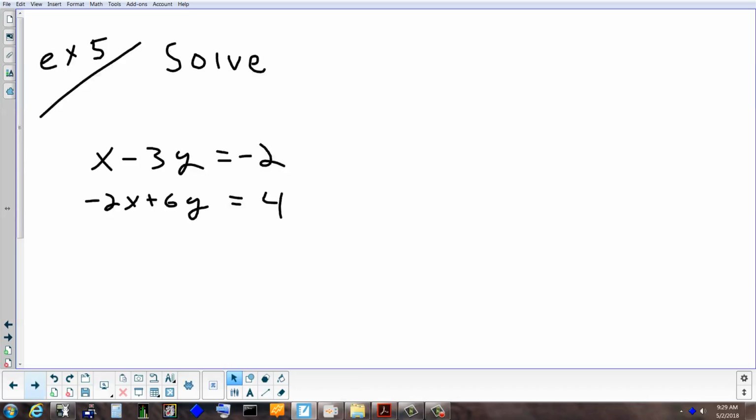Let's look at this one. Anyone see what's going to happen here? It's going to be 0 equals 0. Yeah, these equations are repeats of each other.